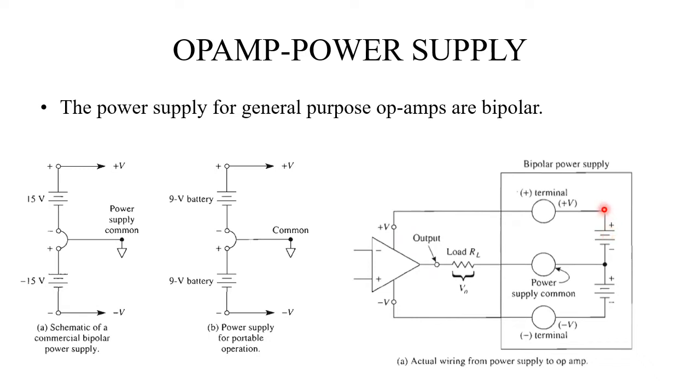The positive supply is taken from the positive terminal of the power supply, the negative supply is taken from the negative terminal, and the common is used to measure the output voltage. You need 2 terminals to measure the output: one terminal connected at the output and another connected to the common terminal. So that is how the power supply is used.